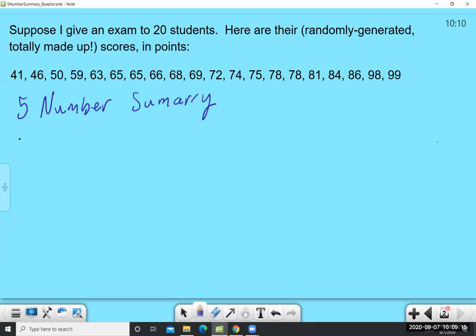The 5-number summary is the min, Q1, the 25th percentile, or the first quartile, Q2, which we know is also the median, Q3, and the max. So there are my 5 numbers: min, Q1, median, Q3, and maximum. So that's what I'm looking for from my 5-number summary.